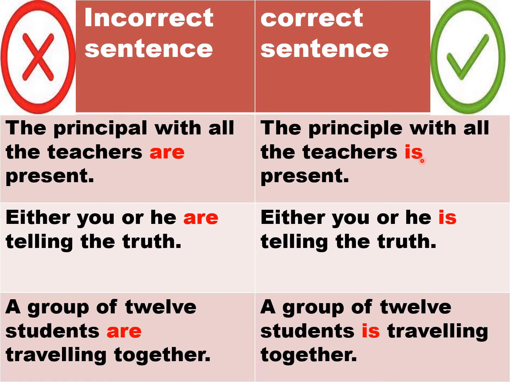Either you or he are telling the truth. Here you and he are singular. If both the subjects are singular and are connected by the words or, nor, neither nor, either or, not only but also, the verb must be in singular form.